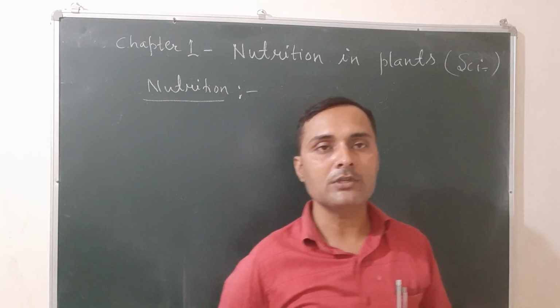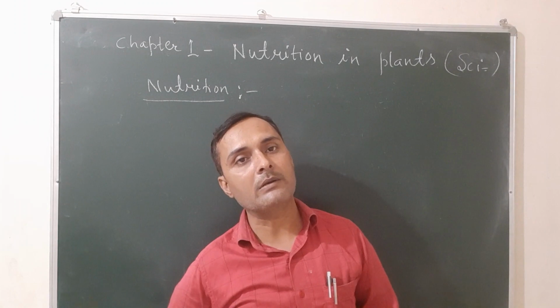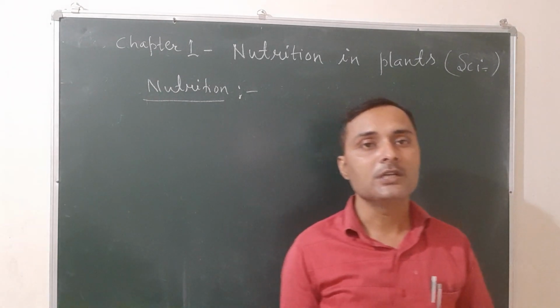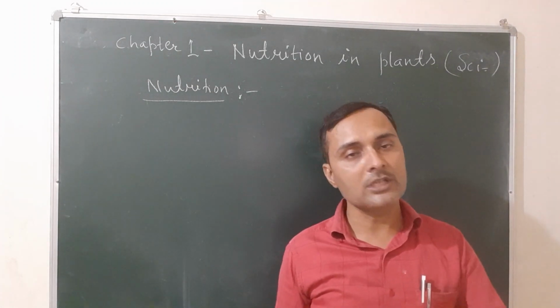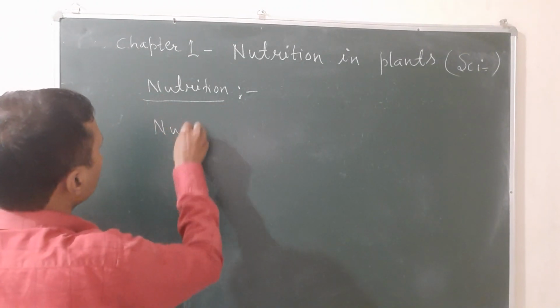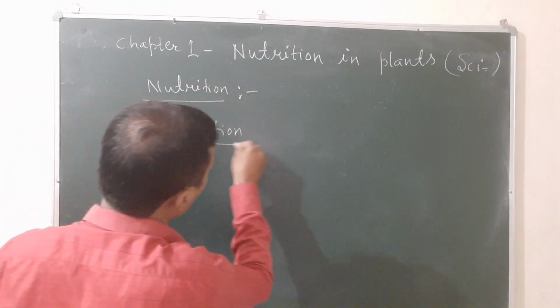Okay, so once again, what is nutrition? The process of intake of food or nutrients for the growth and development of the body, or you can say for doing various biological processes, is known as nutrition, and the various components that are taken during this process are known as the nutrients. You can say nutrition is the process by which the nutrients are taken by the living items.